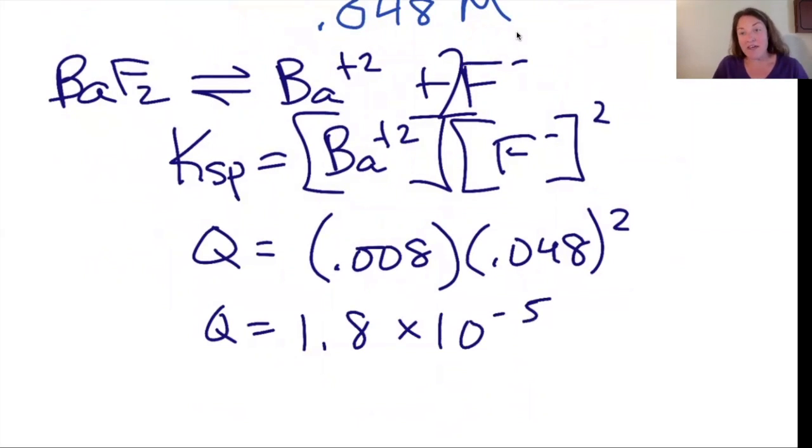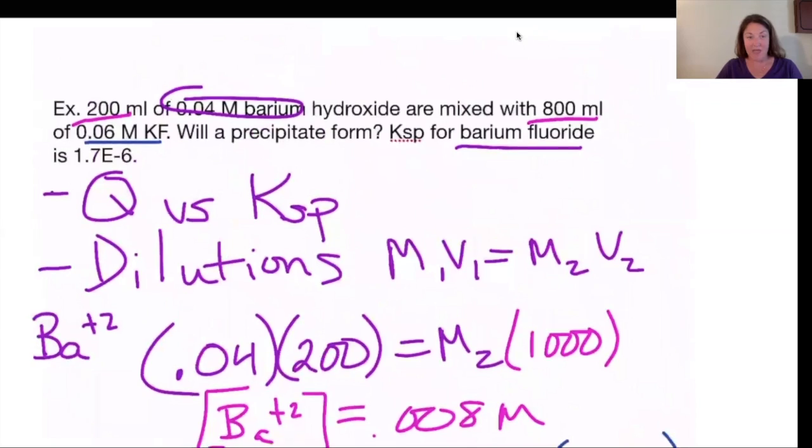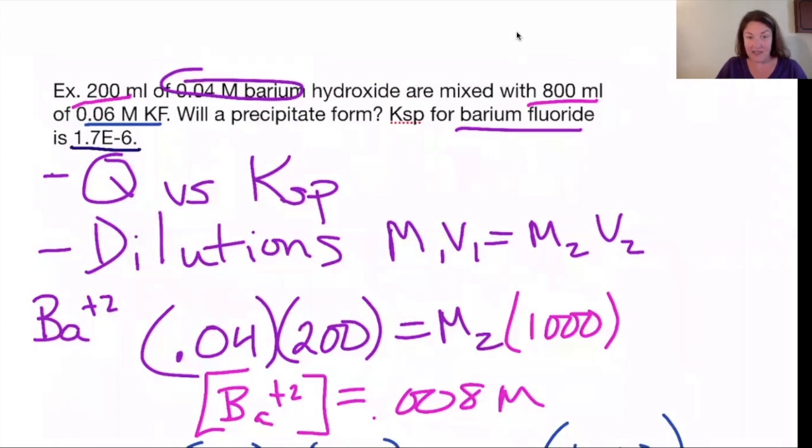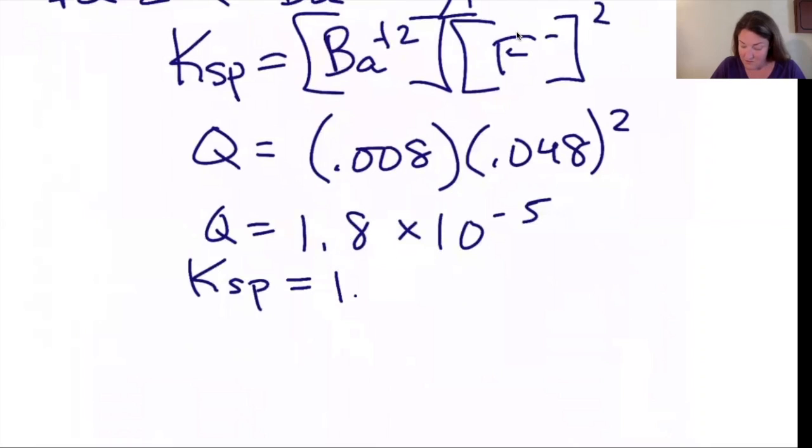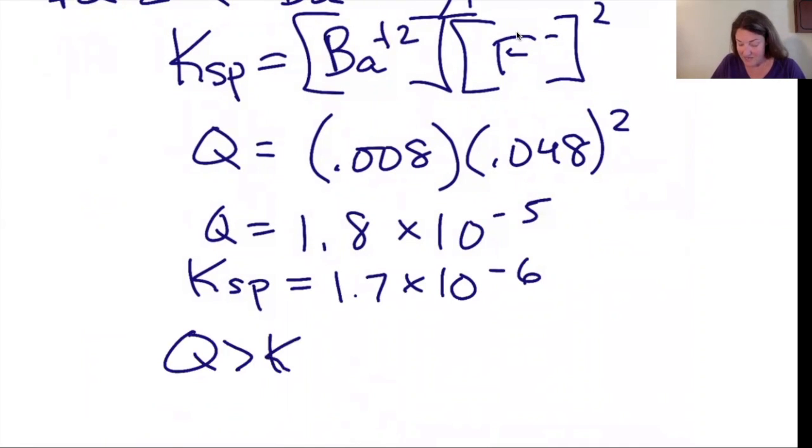I need to compare that to the KSP value. The KSP value was given to us in the problem statement as 1.7 times 10 to the negative sixth. Is Q greater or less than KSP? Q is greater than KSP, which, like an equilibrium problem, means we're going to get a left shift.